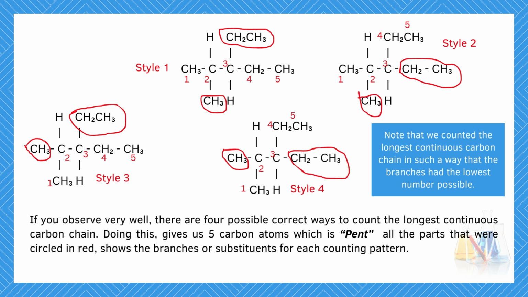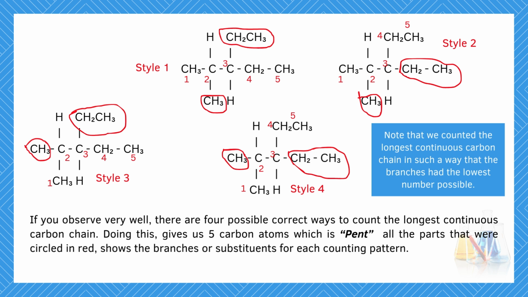Now, if you check all these four styles of counting, you will notice that there is a methyl substituent on carbon number 2, and then there is a substituent on carbon number 3. Note that we counted the longest continuous carbon chain in such a way that the branches or substituents had the lowest number possible.